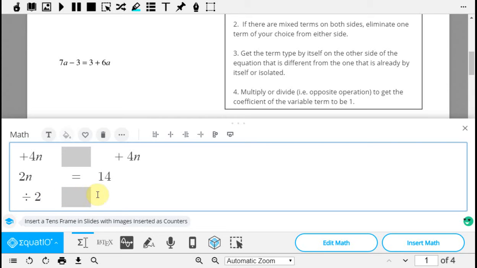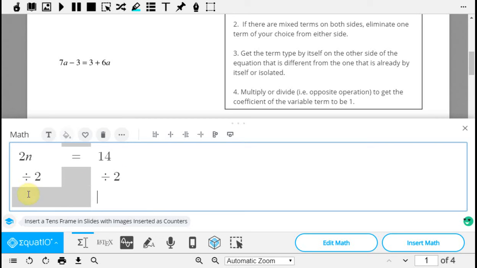And to do the same on the other side. Two divided by 2 is 1, so now we have a coefficient of 1n, but we don't need to write the 1. That's understood. n equals 7.